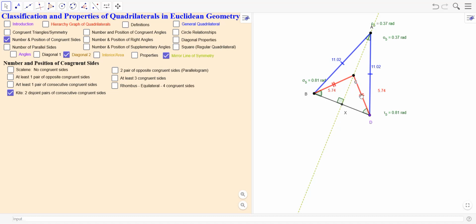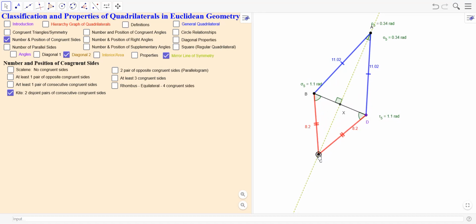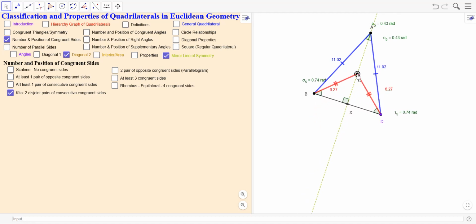We know that these two angles are congruent. And remember, because this is isosceles, these two angles are congruent. And of course CX is congruent to itself. So now what do we have? We have side angle.